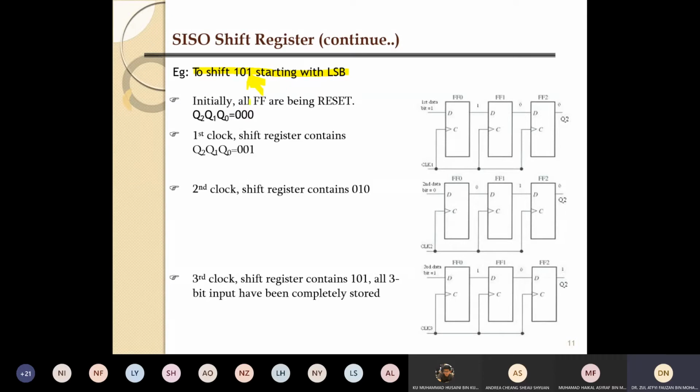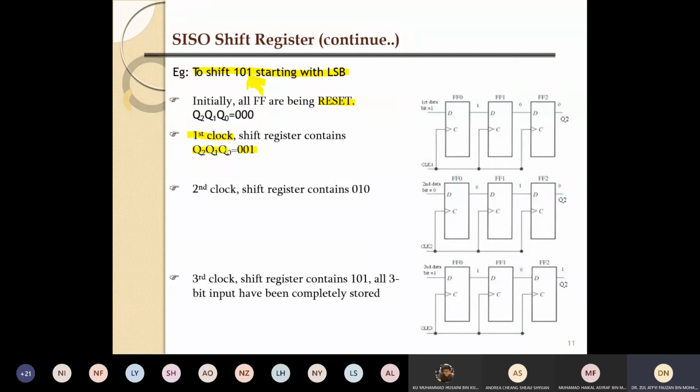Initially all flip-flops are reset. As usual we will assume this shift register is initially reset, meaning that Q2, Q1, and Q0 are 000. And then at the first clock, the shift register contains 001.